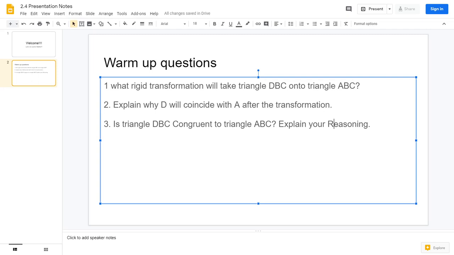Then in number two, use one of those specific justification statements as to why D will coincide with A. And then for number three, tell me whether they are congruent, and then explain your reasoning. So screenshots would be great for that, after you essentially did the triangles land on top of each other.